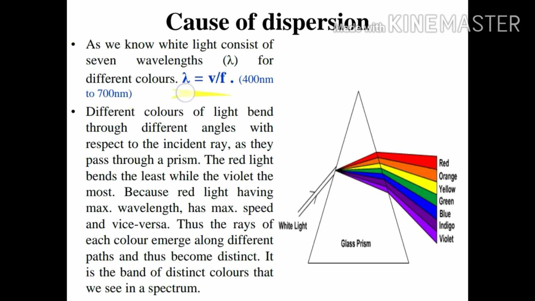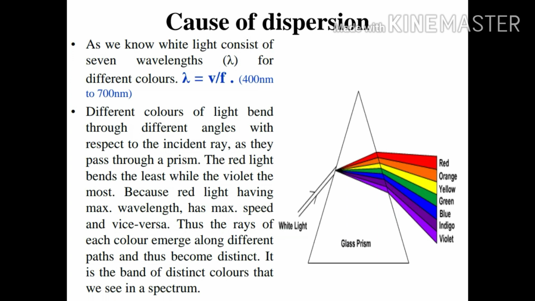And this is the formula of wavelength: wavelength is equal to speed divided by frequency, v equal to nu lambda. We have discussed this formula in 9th class also. For the same frequency, as we discussed in the light chapter also, frequency will not change when it changes the medium.